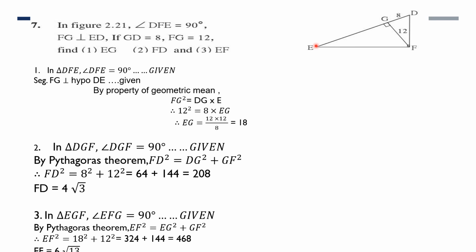Then after finding the value of EG, we get the value of ED, and if we get the value of ED, then we can find the value of EF again by using the Pythagoras theorem. In this way we have to solve this example. Now here there is the solved example. You can watch this example carefully and write it in your notebook.